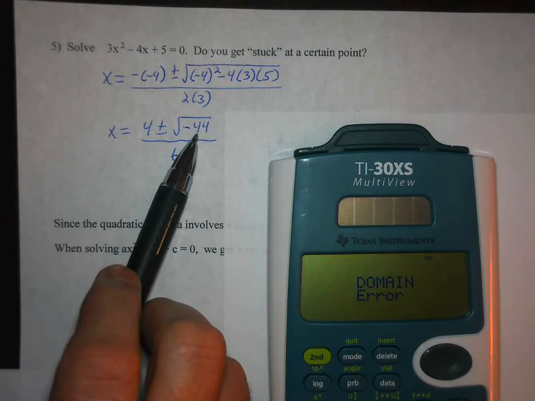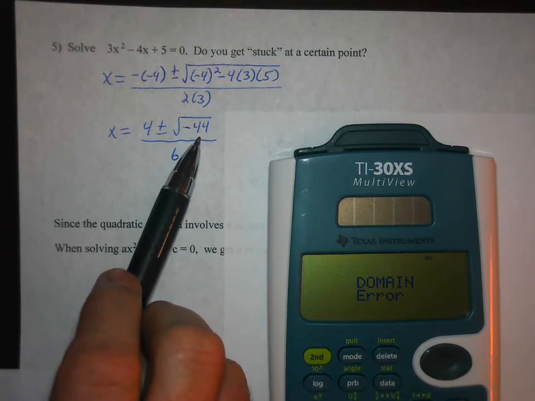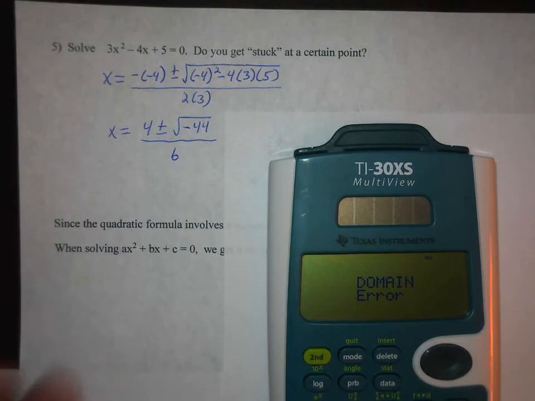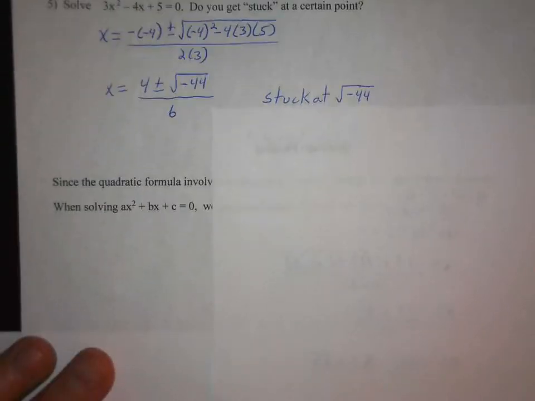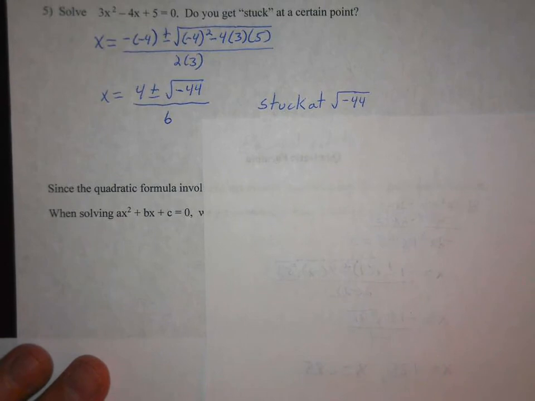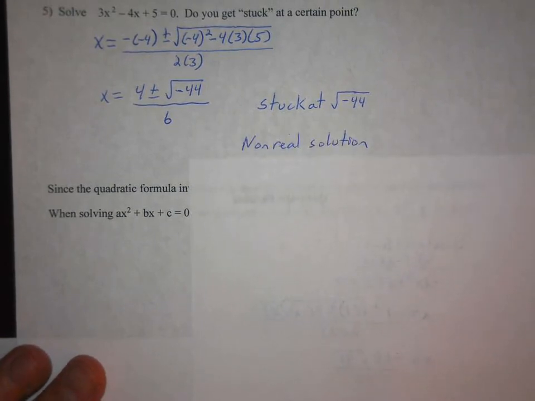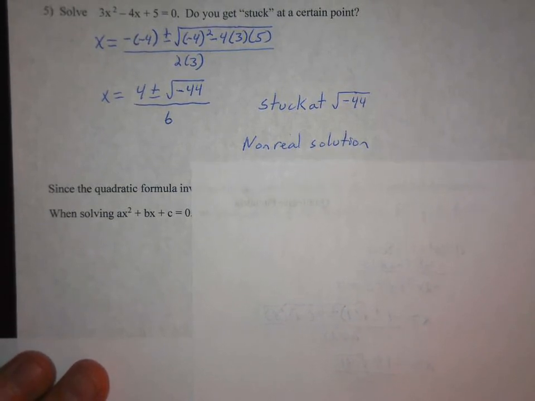There is nothing, because a negative times a negative is positive, and a positive times a positive is positive. So you run into a little bit of a problem right there. That's where you get stuck. You get stuck because the square root of negative 44 is a non-real solution. Eventually we'll get into that in a little more detail about what that would mean.